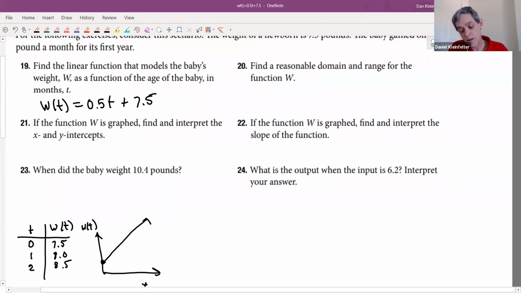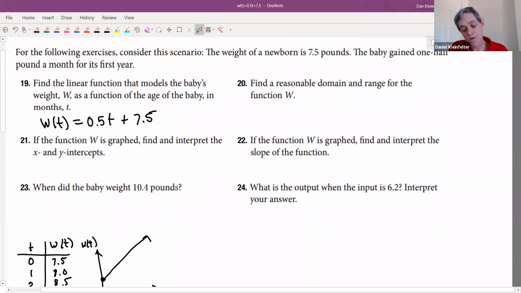For 20, we want a reasonable domain and range for the function W. So the scope of the problem, it says for the first year, the baby's growth rate might be different after that first year. So for the domain, I would just say that T is 0 to 12, because they only tell us that 1/2 pound a month applies really for the first year, so up until 12 months.